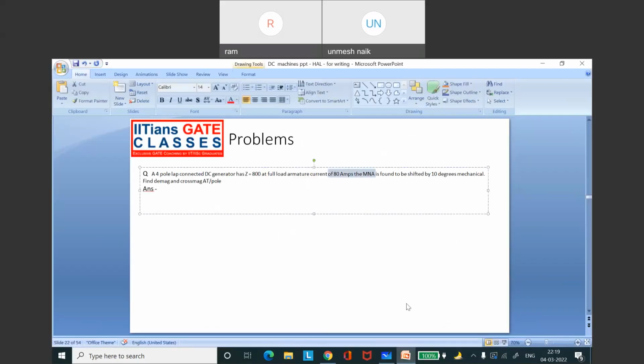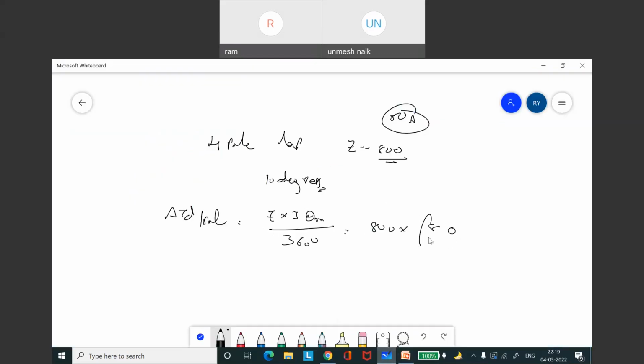Armature current is 80 by 4, into 10 by 360. This gives 4.